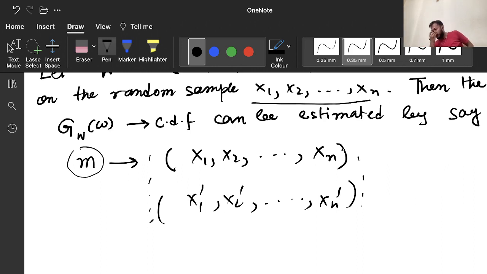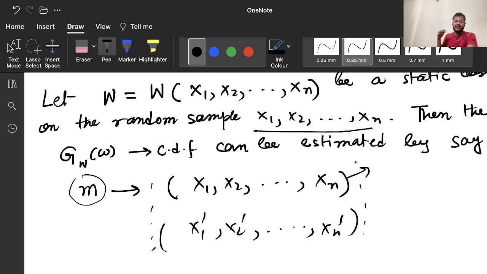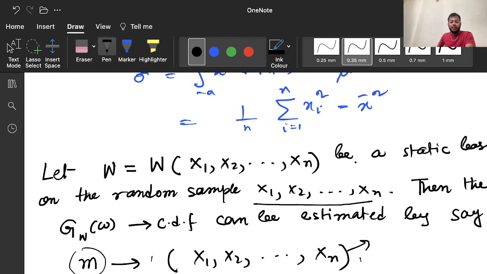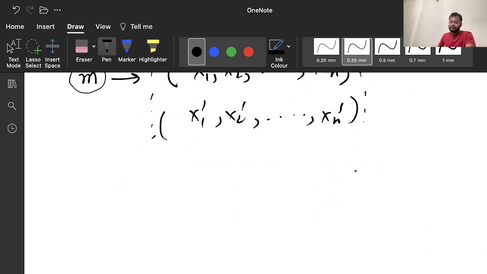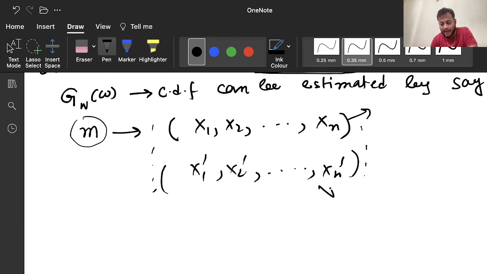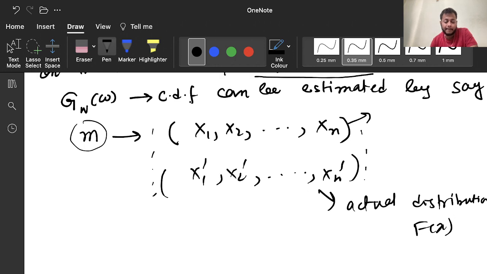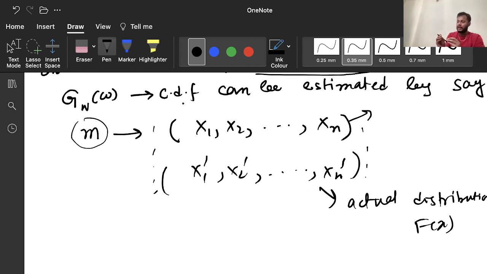Now the question is, how can you generate this m distinct set of n random variable vectors? One way is you can generate these n random variables from the actual distribution fx, or you can do the experiment n times, m times.